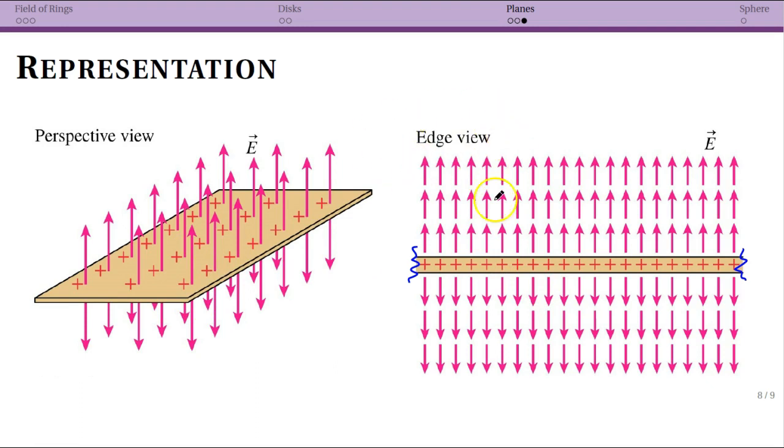So I encourage you to use an edge view, but make sure that you're clearly labeling things. The other reason to do that is, again, we know that if this was a wire, the electric field would actually be decreasing as we got farther away. So please make sure that it's clearly labeled, it's clear to you, and keep in mind that frequently both pictures I'm going to draw and then pictures you're going to draw, even if it should extend to infinity, we can't really draw it that way.